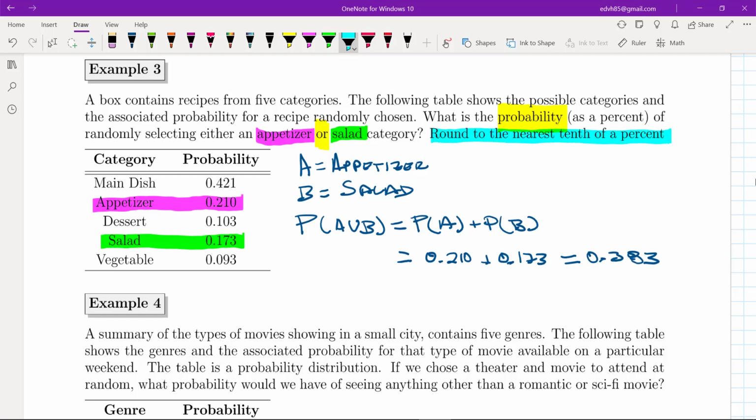So we need to convert this number into a percent like this. So 0.383, that's the same as 38.3%. Okay, that's the final answer.